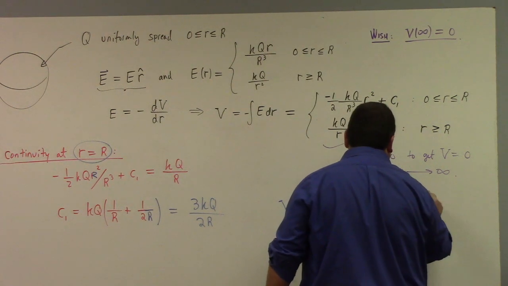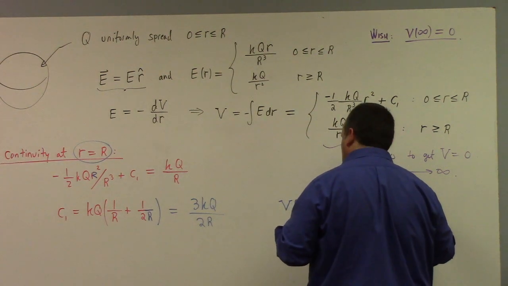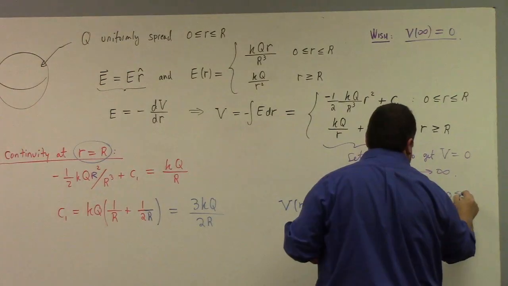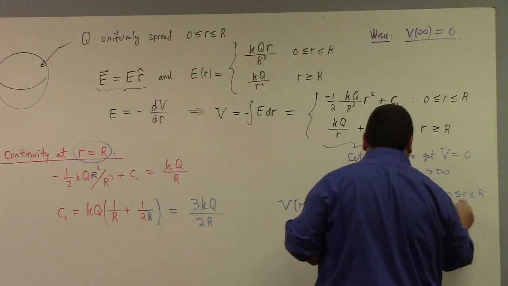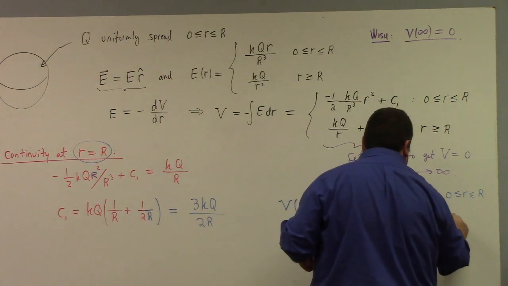Of course, you could factor the kQ over R out, but I'm just writing it like this for the sake of not changing it too much from the expression above. And then outside you got yourself kQ over little r. That's the Coulomb potential.